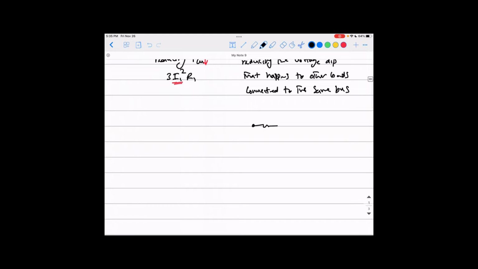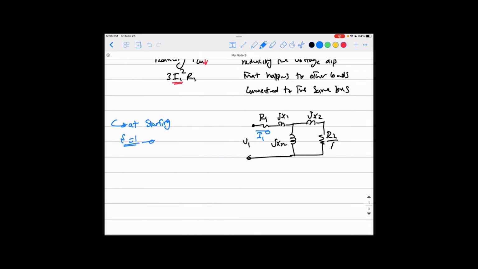Why is it high? Like we said last time, if you go back to your equivalent circuit, that is R1, jX1, that is jXm, that is jX2 and R2 over s, and that is V1, the voltage applied, and that is I1, the stator current. The whole point is that at starting the slip equals 1, and that means R2 over s is now very small, because it now equals R2.